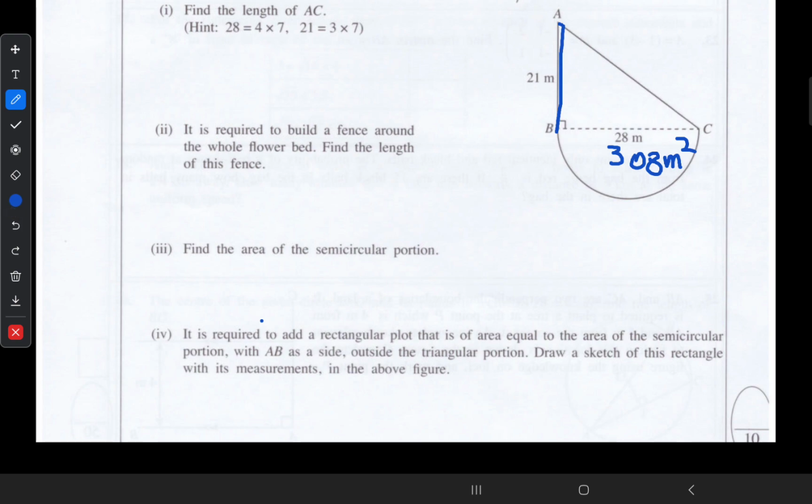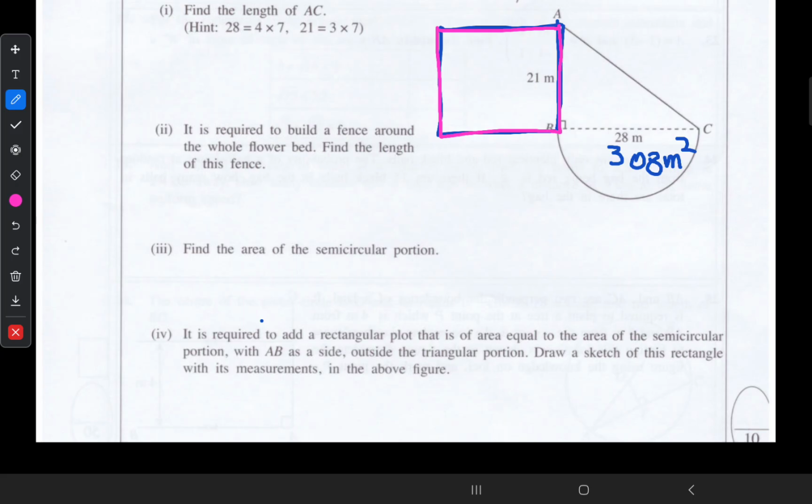Next, that rectangle should be located outside of this triangular portion. Draw a sketch of this rectangle with measurements in the above figure. This is the way you have to draw your rectangular portion. One side is aligned on AB.